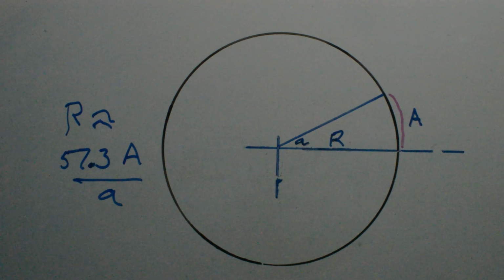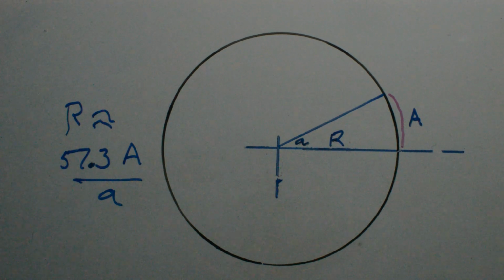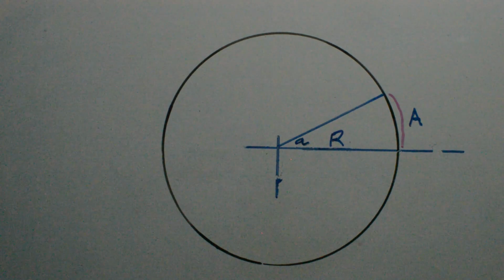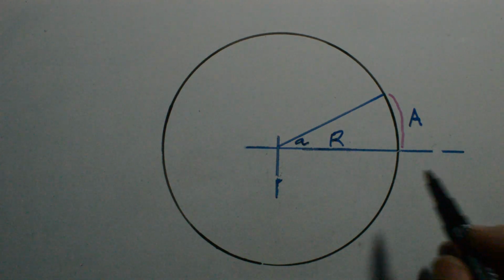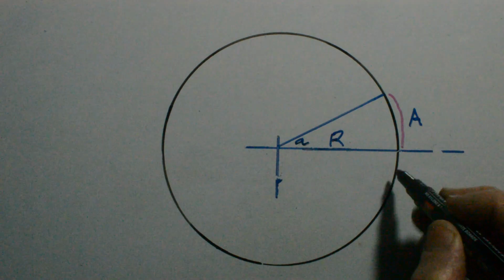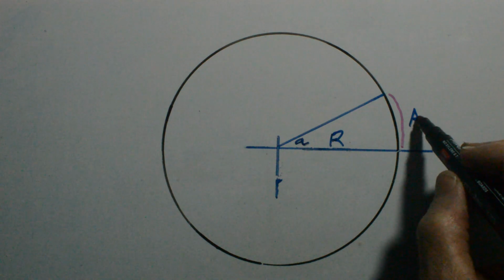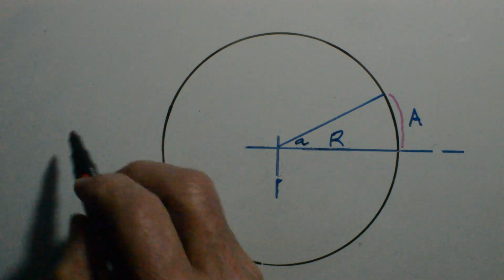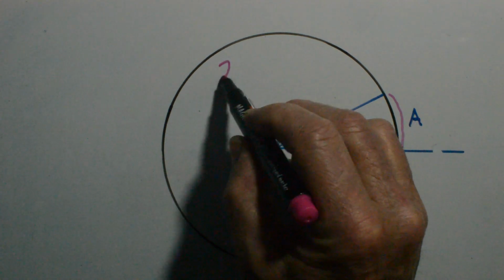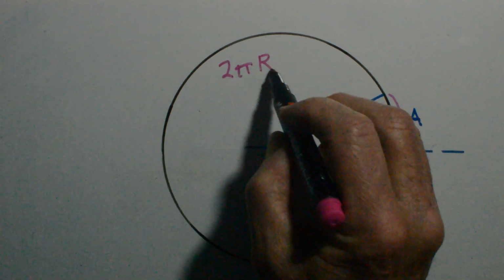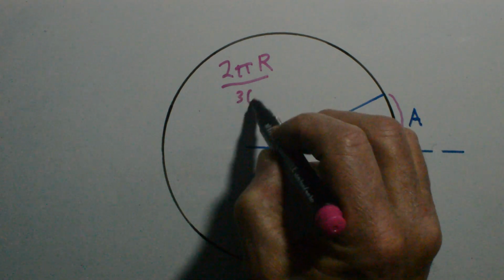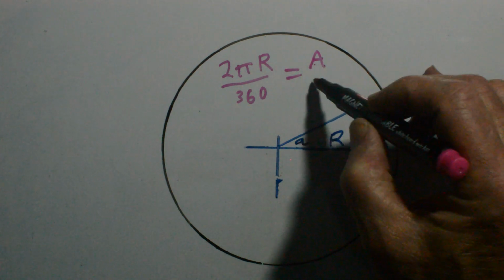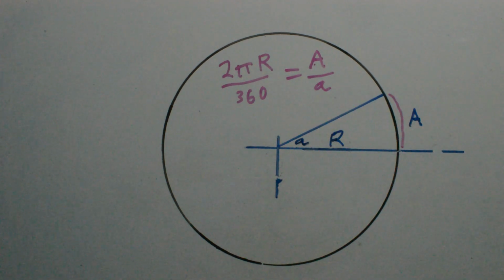Now how do we derive that? It's really very simple. We can say that the circumference is to 360 degrees as big A is to a. So that's 2 pi r over 360 equals A over the angle a.